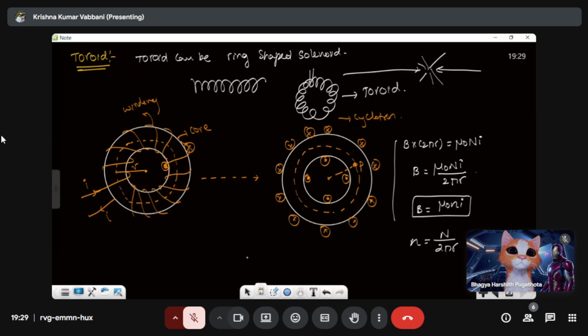In the solenoid, n is N by l because it's a length, but here it is 2 pi r because it's a circle, so that's why the circumference 2 pi r is given. It's the number of turns per 2 pi r. Please remember this, this is the important thing. Here the same mu n I, in the place of n we got N over 2 pi r.